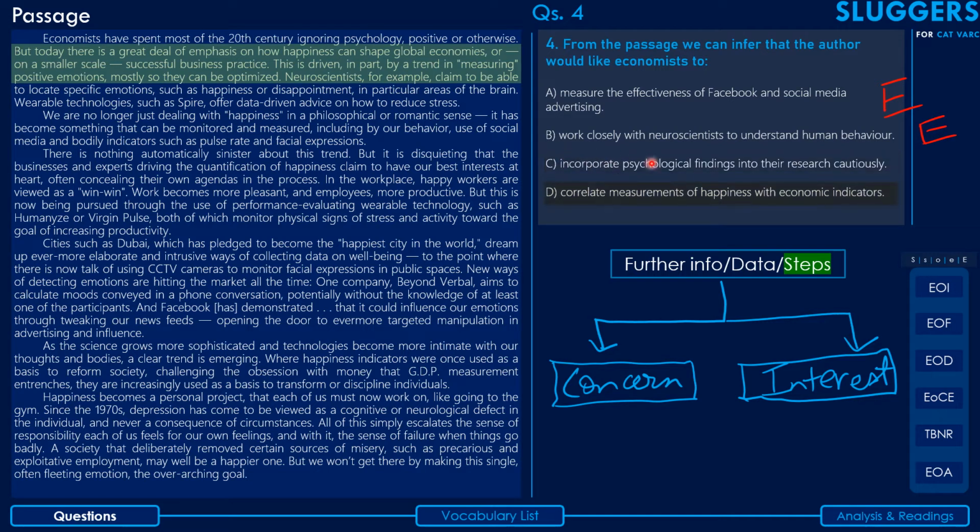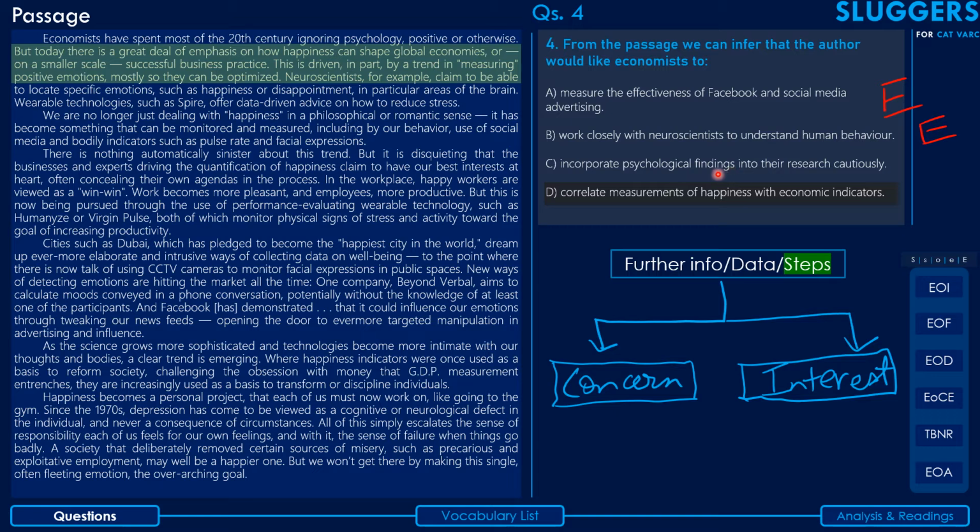And hence, from this demonstration, we can infer that the actions of economists vis-a-vis psychological findings will definitely be of concern to the author, right?